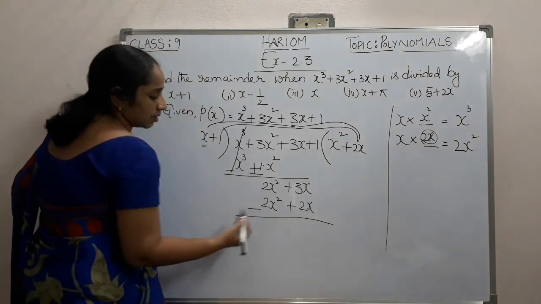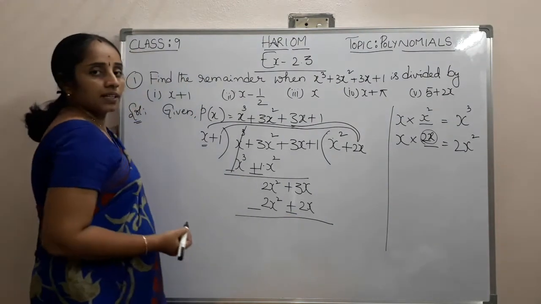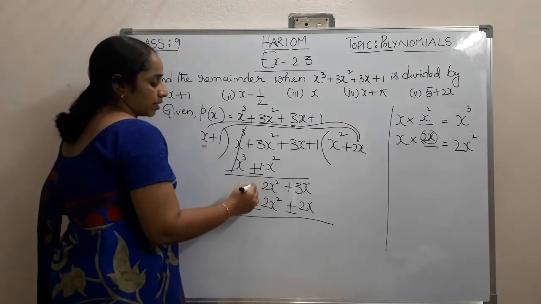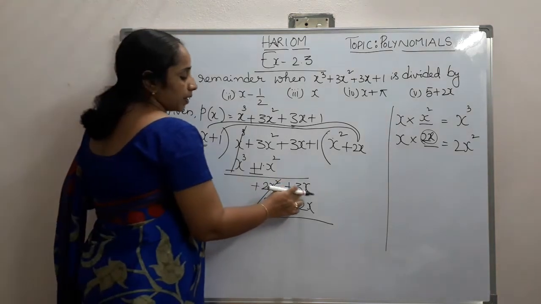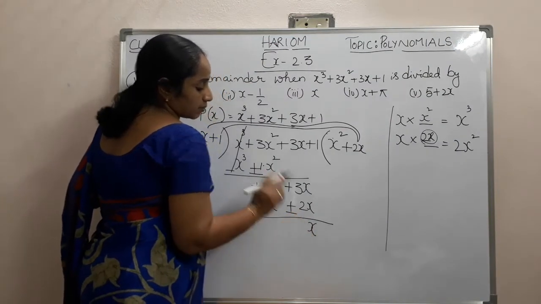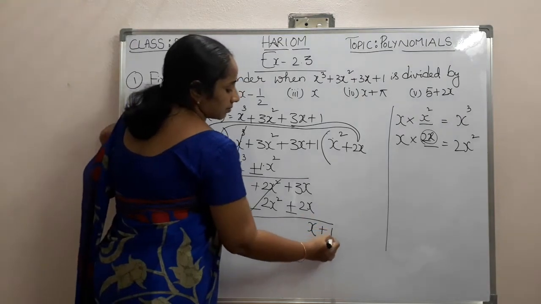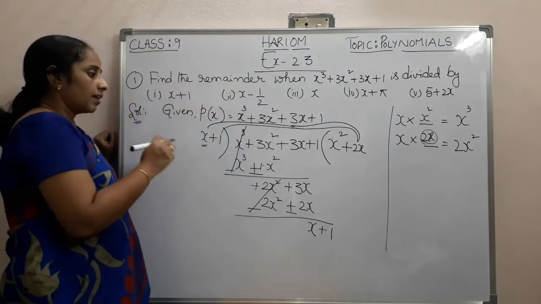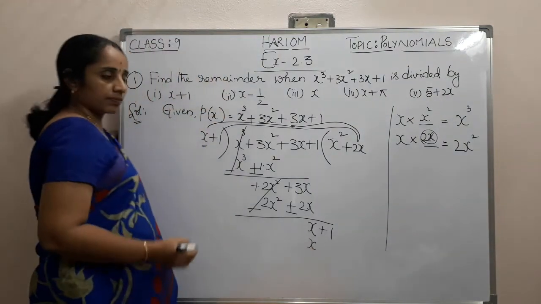Now while doing subtraction we have to change signs. Plus 2x square minus 2x square gets cancelled. Plus 3x minus 2x is plus 1x, that is x only, plus 1. Again you have to get x here.